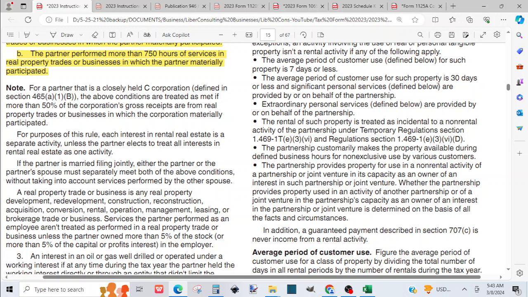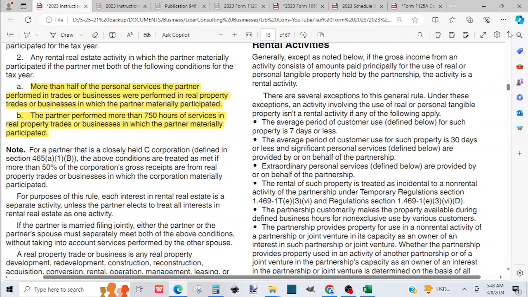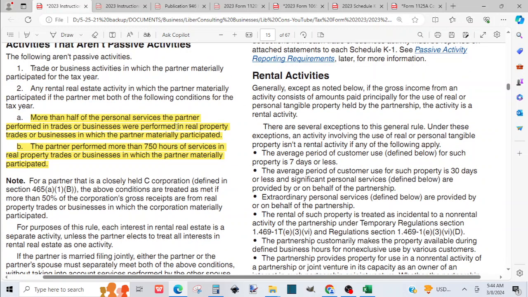So the way I understood it is, the business you have, if you have rental real estate and some other things going on together, you have to work 750 hours or more in that real property trade, and more than half of whatever time you spend on your business as a whole should be related to that real estate property trade that you have.